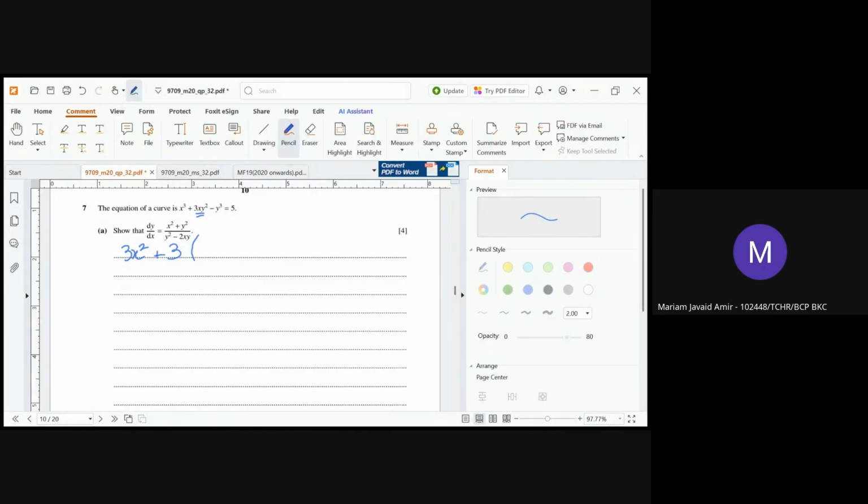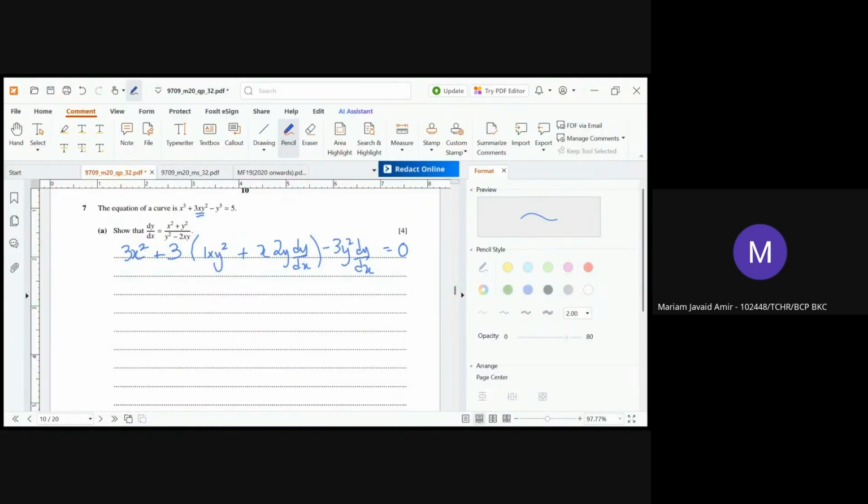Derivative of x is just 1, so we write 1 times y squared, a plus sign. Derivative of y square would be 2y dy by dx. So first write x as it is, then we write 2y, and since it's y, you have to write dy by dx next to it, bracket close, minus differentiate y cube, so 3y squared dy by dx equals, derivative of 5 is just 0.